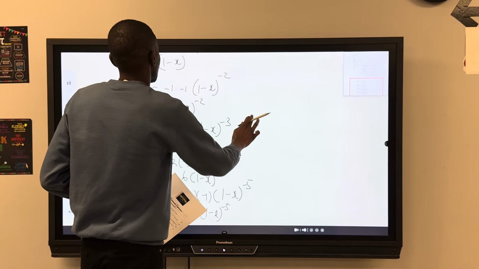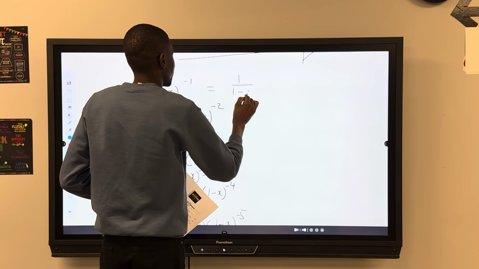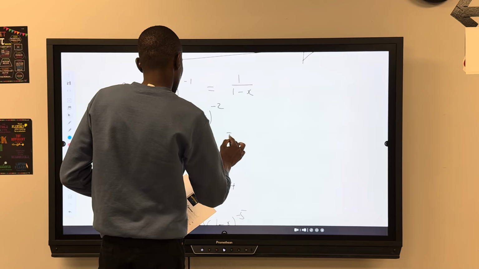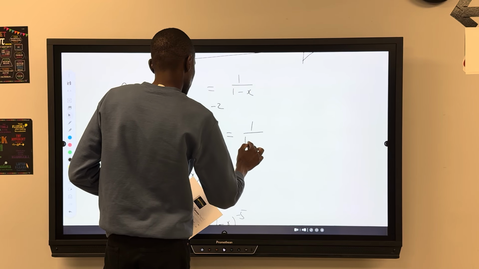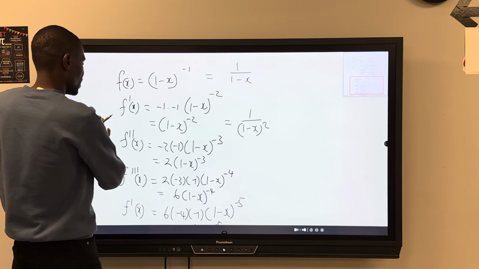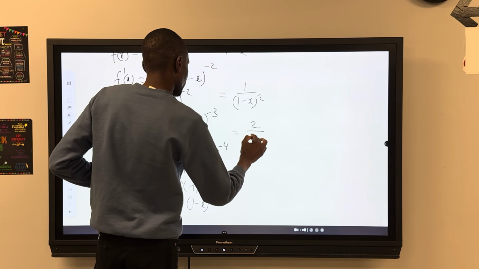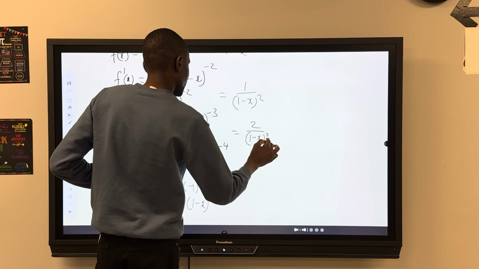Okay, so here we can rewrite this as 1 over (1 minus x). Here we can rewrite this as 1 over (1 minus x) squared. Here we can rewrite this as 2 over (1 minus x) cubed.